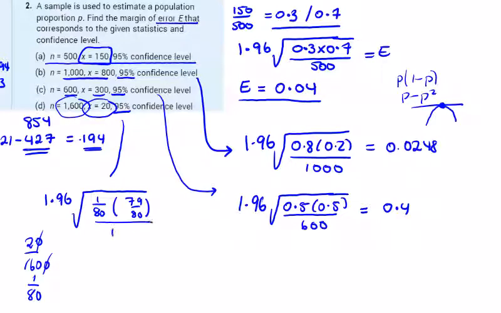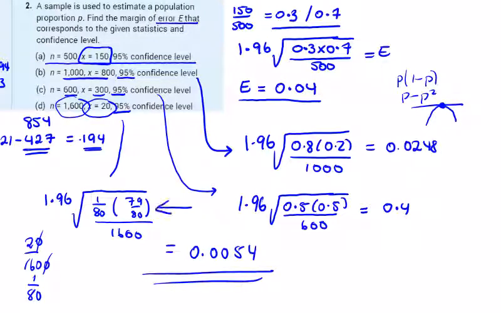And this is going to be 1600. And that's going to give me 0.0054. So don't be afraid to write things in a format where your calculator will do it for you instead of having to write out all the decimals.